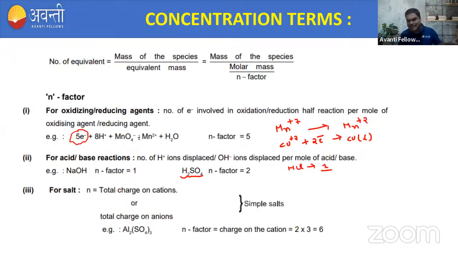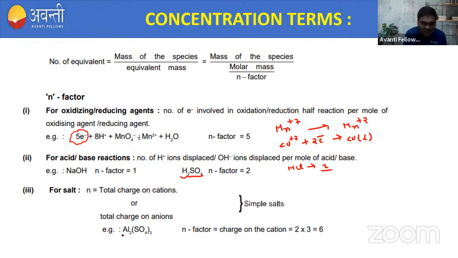Right? Is everything clear? How will you calculate N factor for acid and base reactions? That is the number of H+ ions displaced or OH- ions displaced per mole of acid or base, known as N factor. Similarly for salt. So what do we do in case of salt? Basically in case of salt, we consider the total charge on the cation or the total charge on the anion.